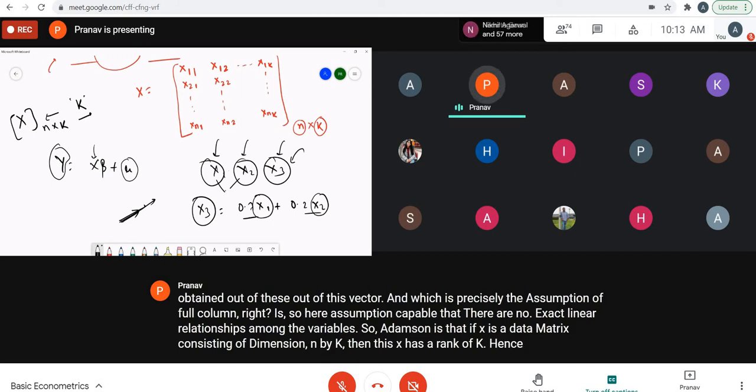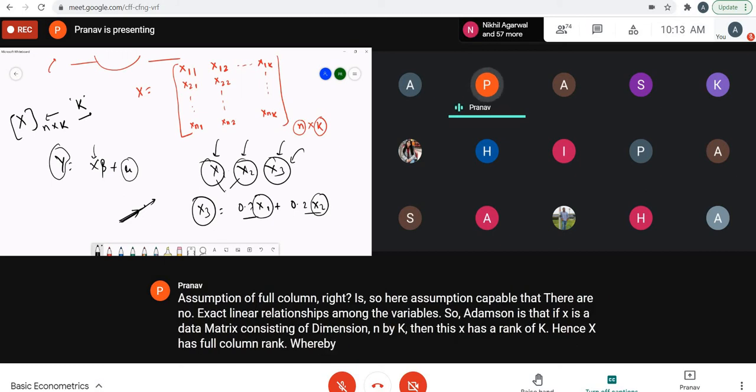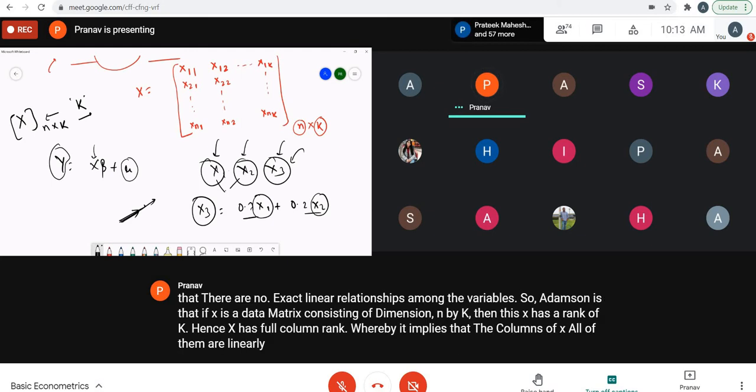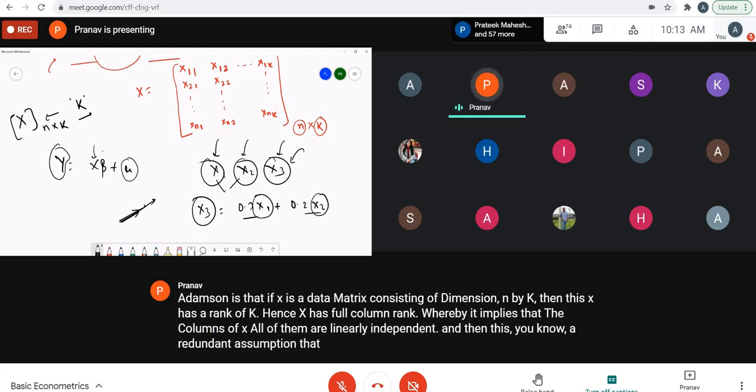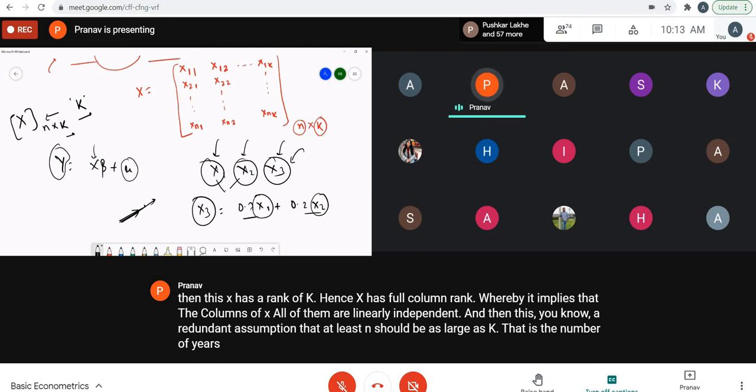Hence, X has full column rank, whereby it implies that the columns of X, all of them, are linearly independent, and then this is a redundant assumption that at least n should be as large as k. That is, you should have at least as many observations as the number of your variables, otherwise you will not be able to solve the system.